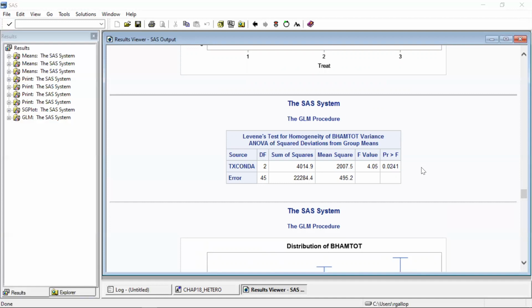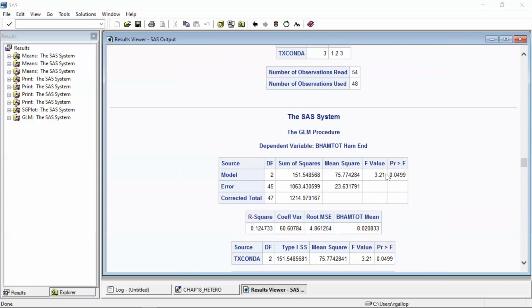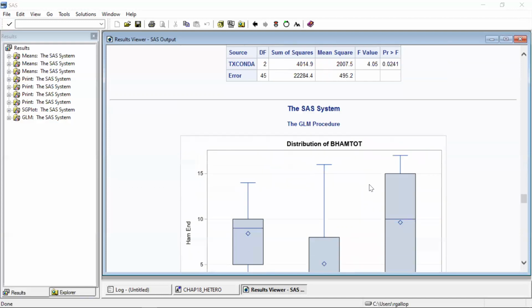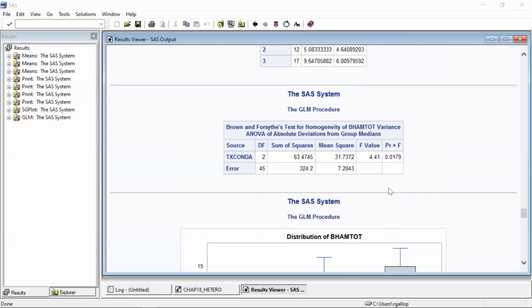It's wrong because this is the output for a model that assumes equal variance across the 3 groups. So this whole p-value, we can't interpret it. This p-value is wrong because our data violates the homogeneity of variance assumption. So that's that violation of homogeneity of variance.